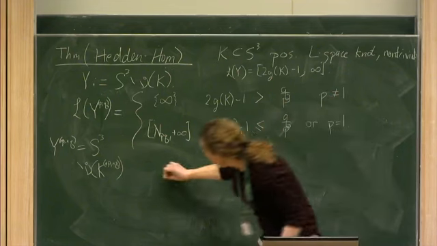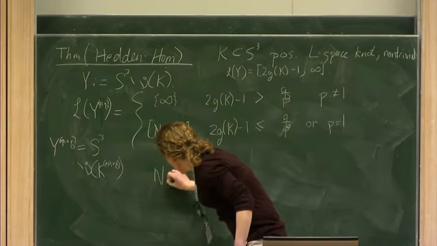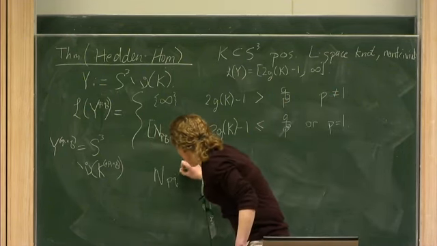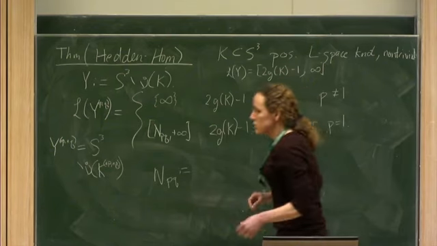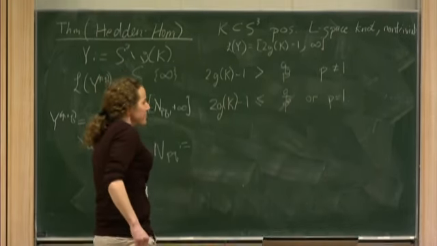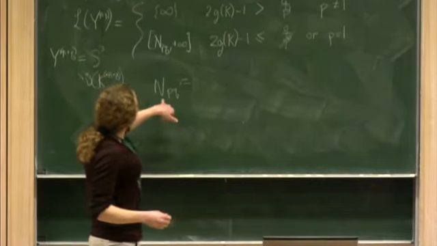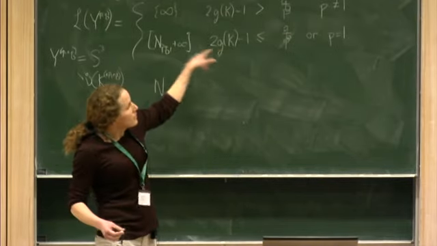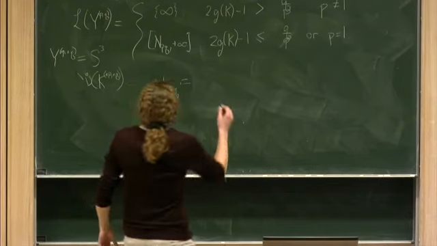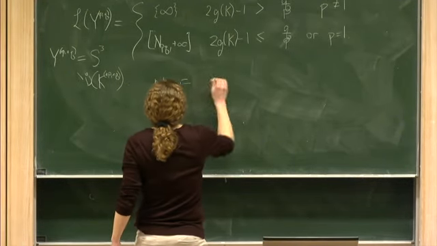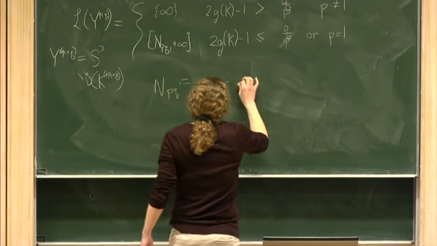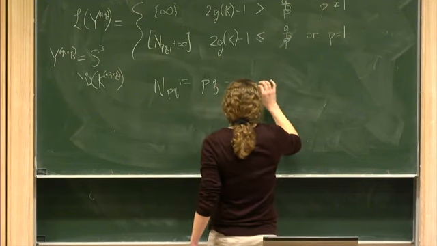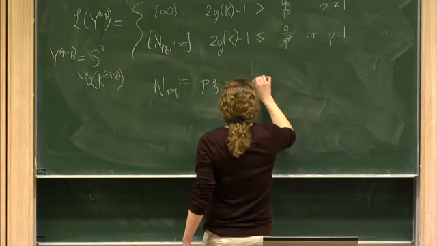And here, the number for (n, p, q) is the number you would compute from the genus formula, so it's pq minus q minus p.